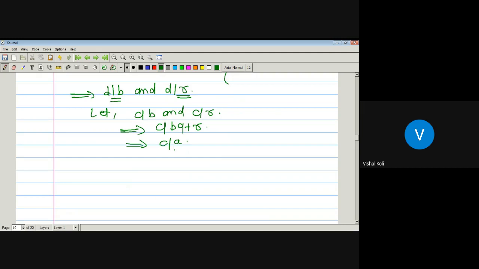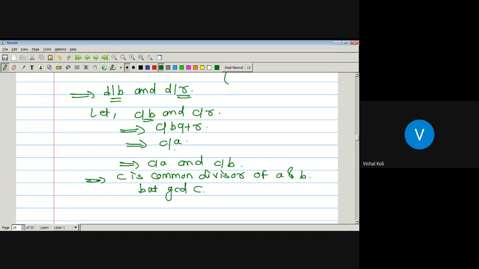As C divides A and C already divides B, C is a common divisor of the two integers A and B. But the GCD of A and B is D. So GCD of A, B is D and C is a common divisor of A and B. Then what is the relation between C and D?